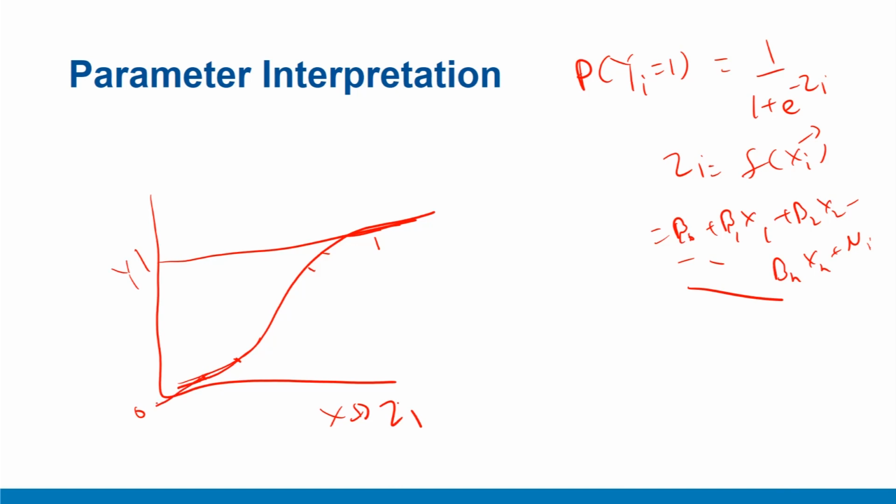For example, if you want to compute the impact here, recall our high school mathematics that the slope of this function, let's call this function pi, dpi upon dzi, this slope, which is reflected by the slope here on this curve, measures the impact on yi at this particular point.